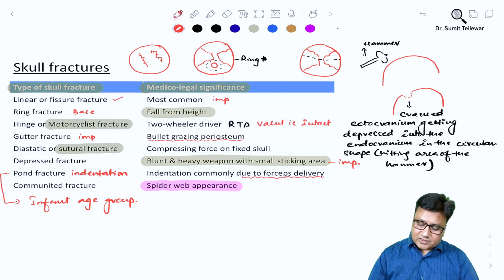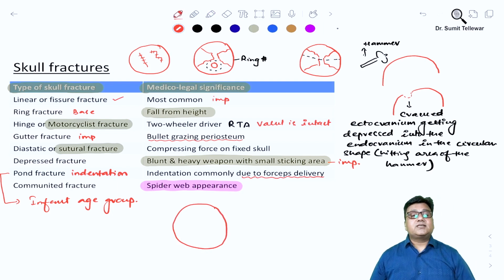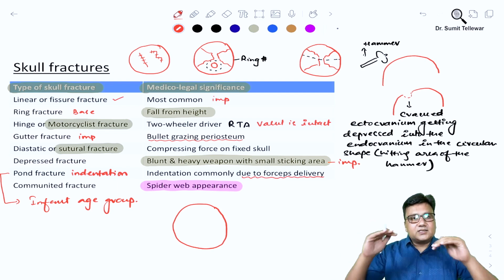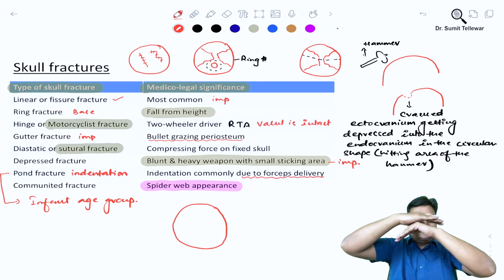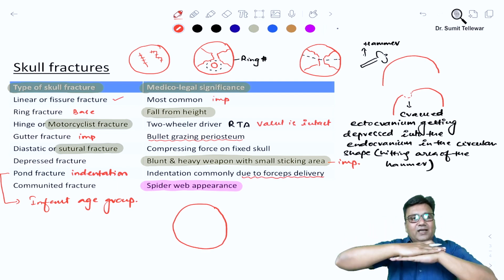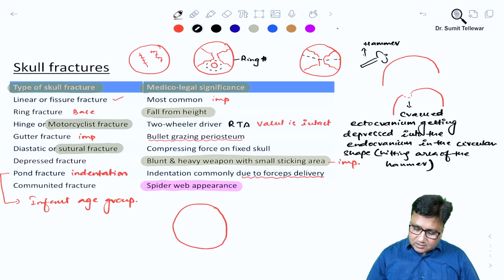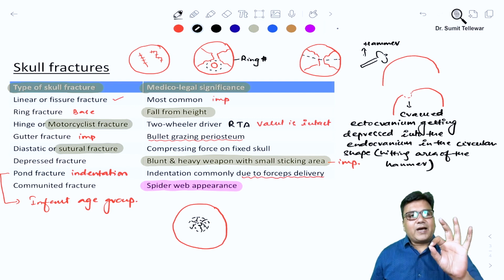What exactly does a comminuted fracture look like? Consider this to be the vault of the skull, and if the vault of the skull is hit by a heavy flat surface, like an iron plate, let's consider the curvature of the skull is being hit by a flat heavy iron plate. What will it do? It will depress the curvature of the skull. It will try to flatten the curvature of the skull, and thus the cracks may look like this: a circular crack with lines radiating from the center to the periphery, having a spider web appearance.